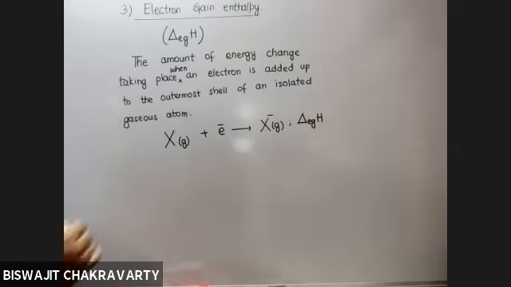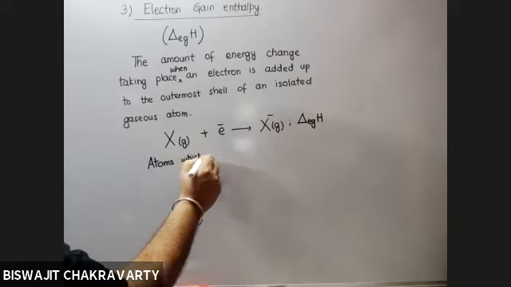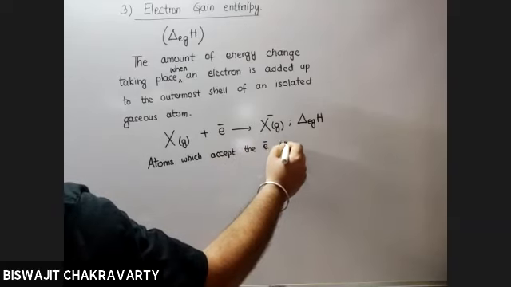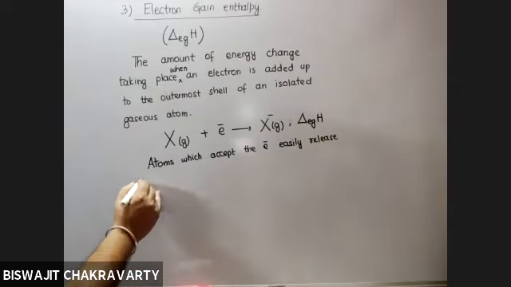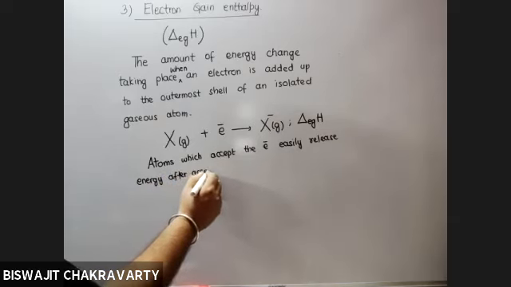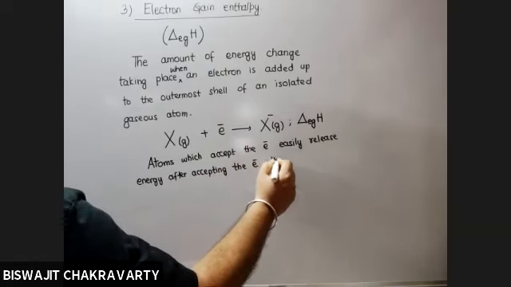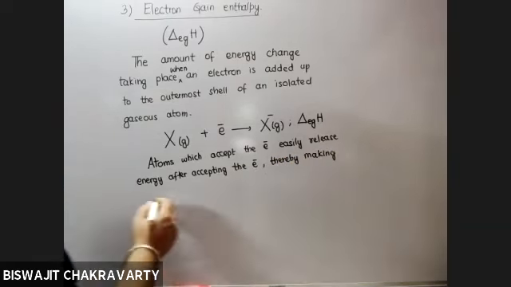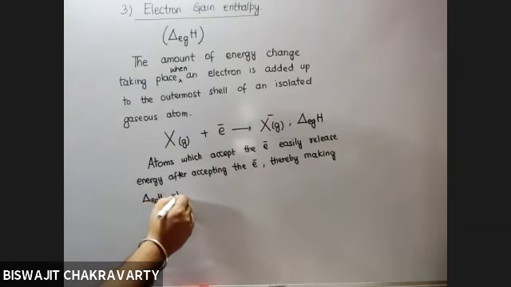And that is why we say that atoms which accept the electrons easily release energy after accepting the electron, thereby making delta EGH negative.